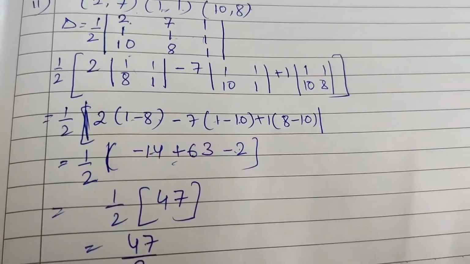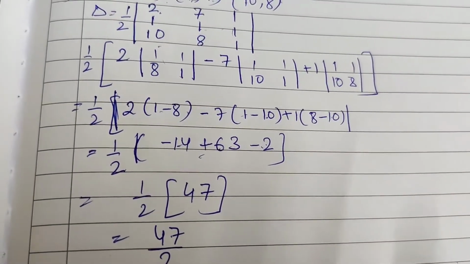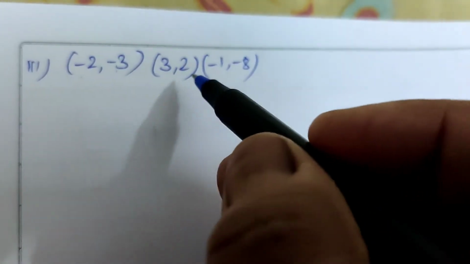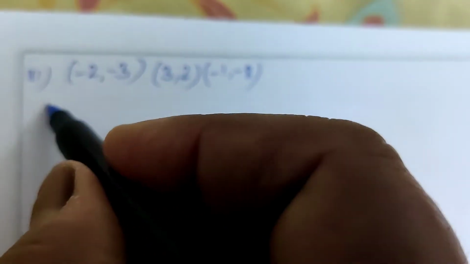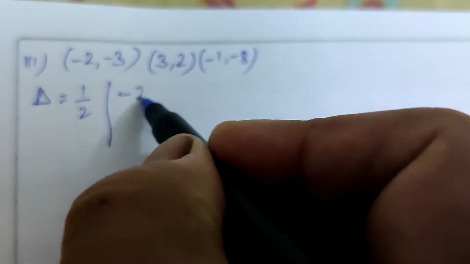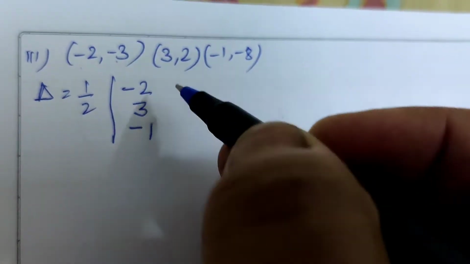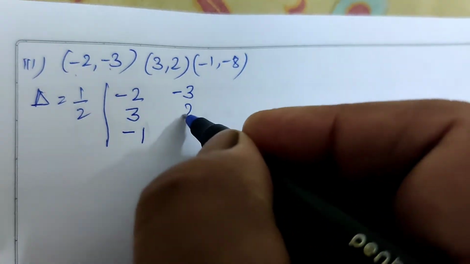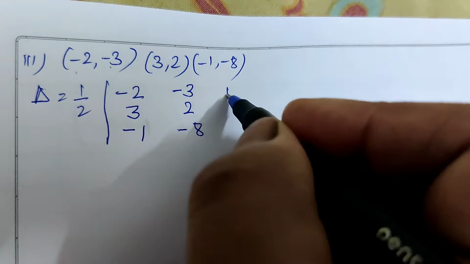And the third one, these are the coordinates minus 2, minus 3, 3, 2, minus 1, minus 8. First we have to write the x, then y, and 1, 1, 1.